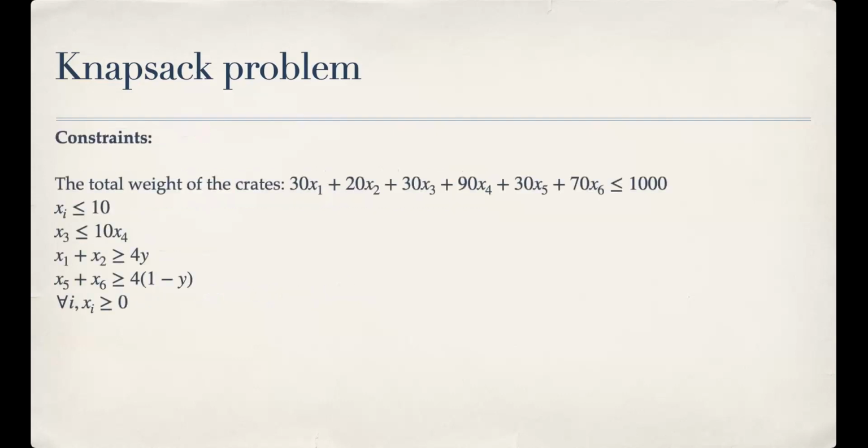Now we move to constraint. For the constraint, the total weight of the crates must be less than 1,000. So you check the total weight first. The total weight is 30x1 plus 20x2 plus 30x3 plus 90x4 plus 30x5 plus 70x6.